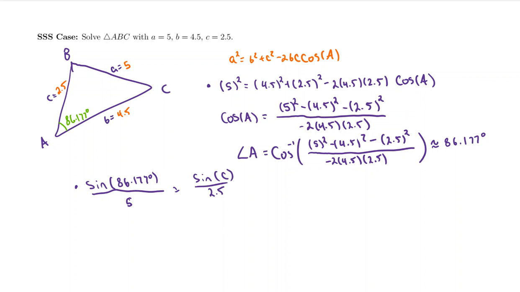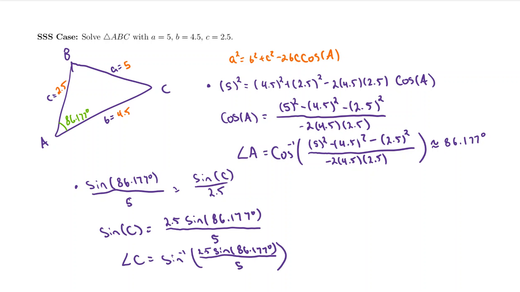So again, you got to get sine by itself if we want to solve for the angle. So we're going to isolate sine of C. And then we are going to apply inverse sine to both sides of our equation and plug this value on our right into our calculator to get an angle of 29.926 degrees, which I'll draw up in my triangle, meaning we only have angle B left.